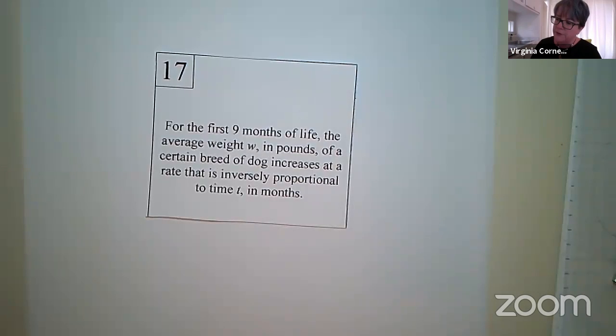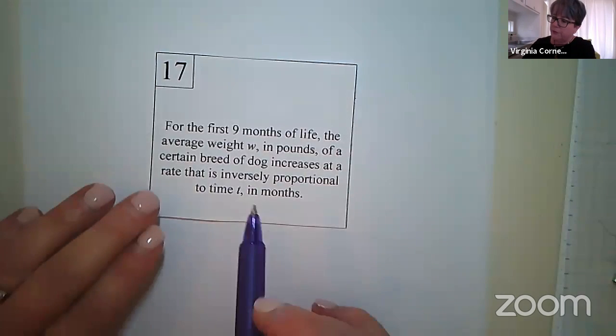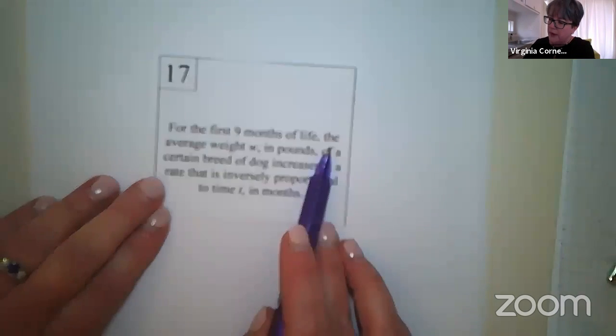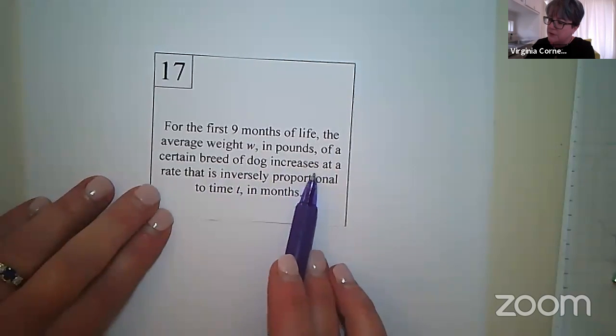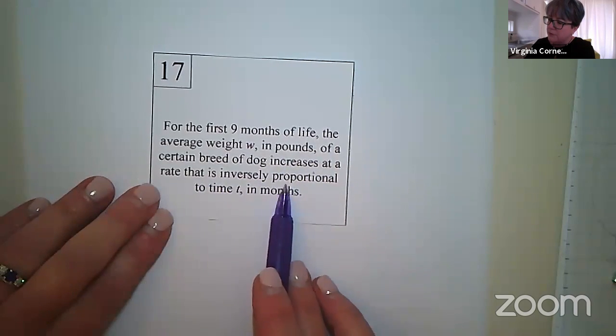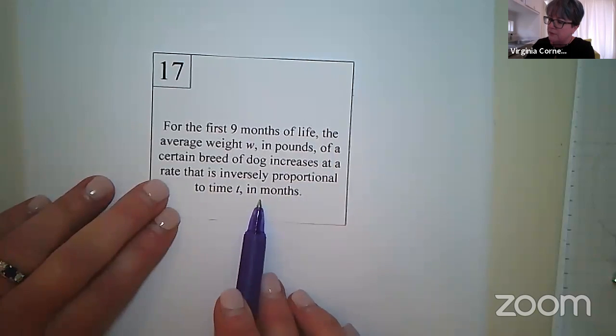It says for the first 9 months of life, the average weight W in pounds of a certain breed of dog increases at a rate that is inversely proportional to time T in months.